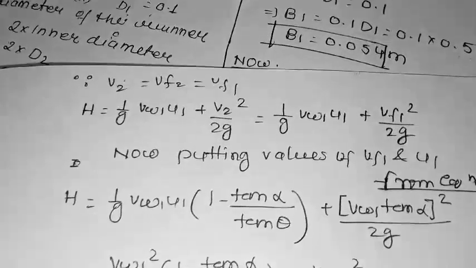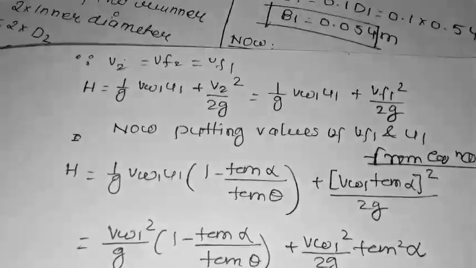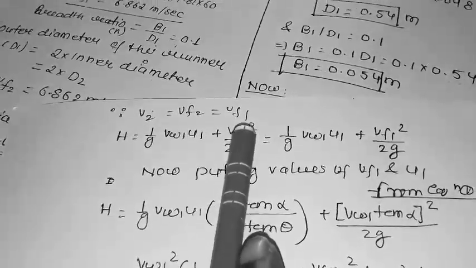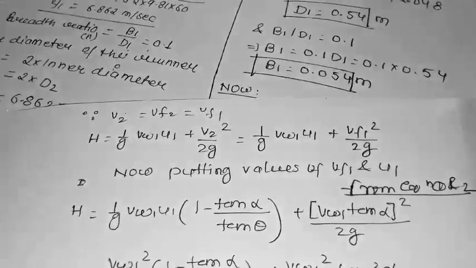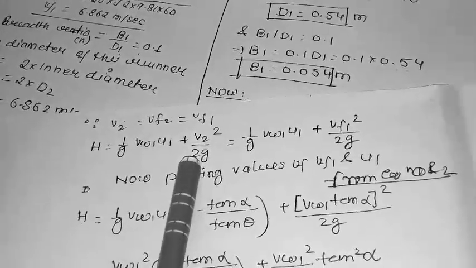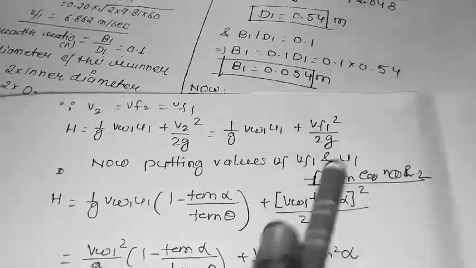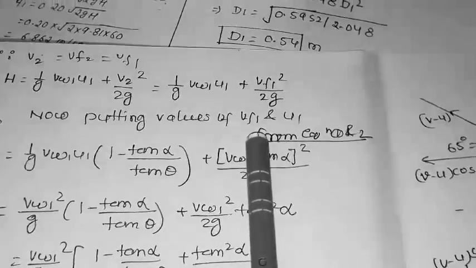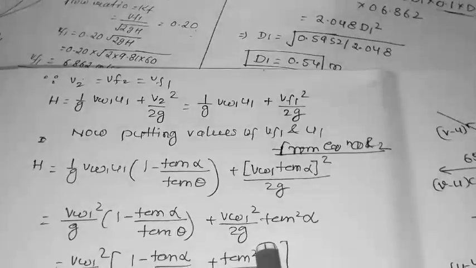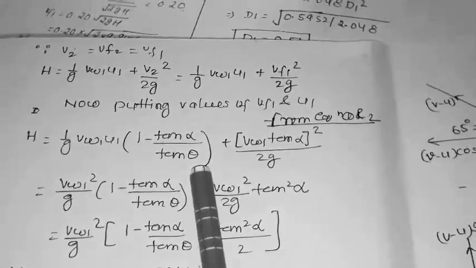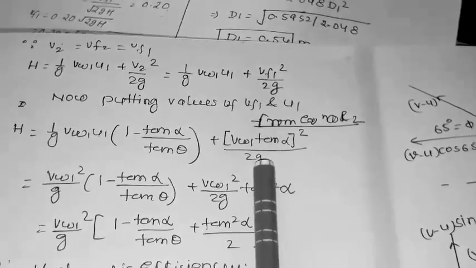Now here, because we have to prove some expression, to achieve that expression we have to follow some steps, and further V2 is equal to Vf2 is equal to Vf1, already given in your question. Now H is equal to 1 by g Vw1 u1 plus V2 square upon 2g, and this becomes this, already discussed. Now putting values of Vf1 and u1, we get H is equal to 1 by g Vw1 u1 into 1 minus tan alpha upon tan theta plus Vw1 tan alpha the whole square upon 2g.